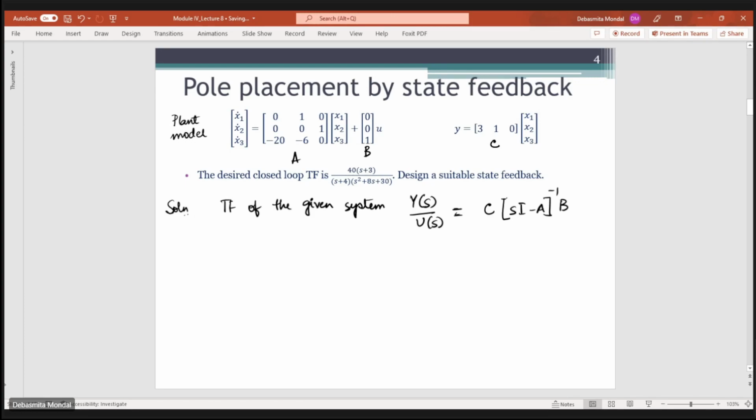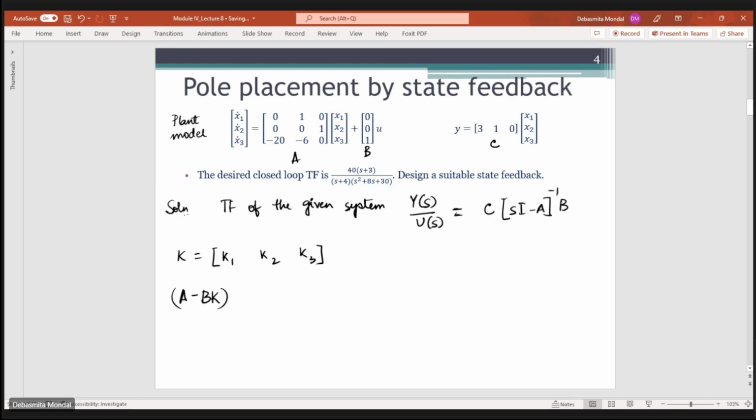Okay. So similarly, let's say that the feedback gain that you are designing is given by K, and the value of K is K1, K2 and K3. What you can do from here is write the closed loop matrix A minus BK. A is known to you, B is known to you, and using the unknown values of K1, K2 and K3, you can write what would be the value of A minus BK.